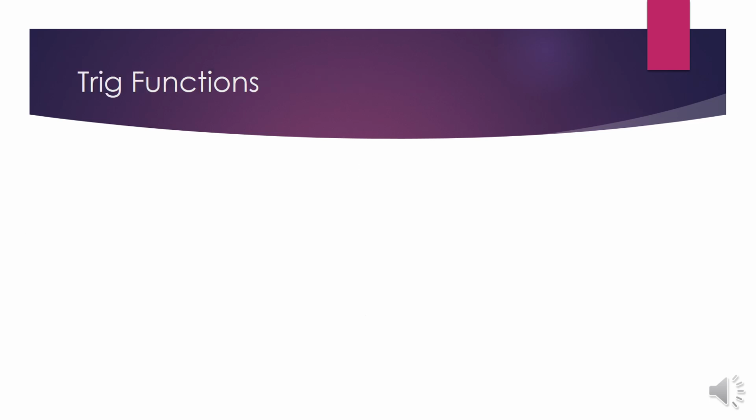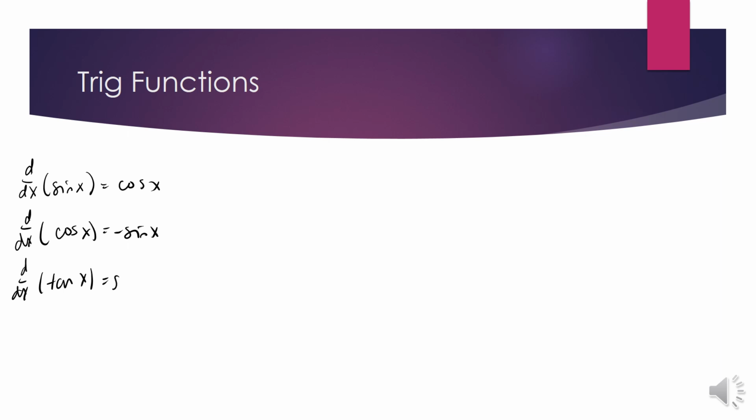All right, now let's look at our trig functions. So I'm going to recall here all the different derivatives that we know of trig functions. I know the derivative of sine is cosine. I know the derivative of cosine is negative sine. I know that the derivative of tangent is secant squared.